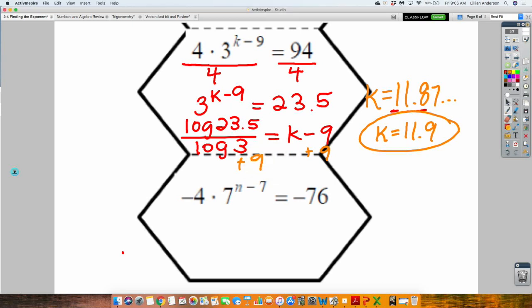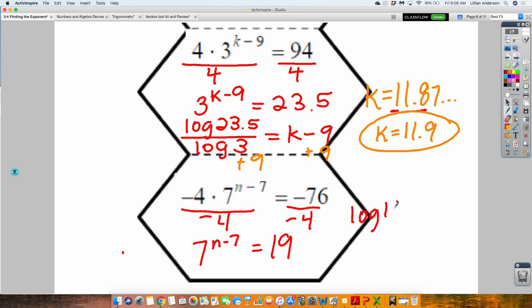So we're going to start by dividing both sides by negative 4. So then you're going to have 7 to the n minus 7 equals 19. So log of 19 divided by the log of 7 equals n minus 7.